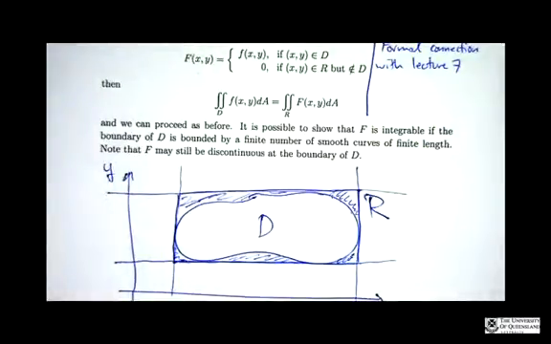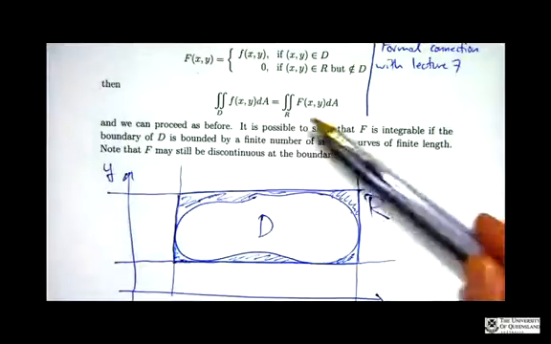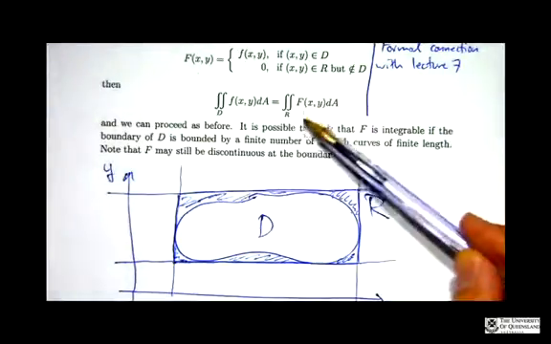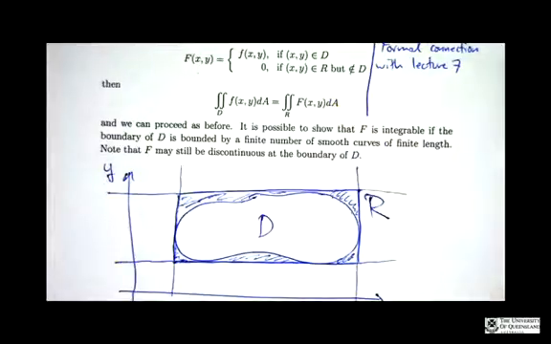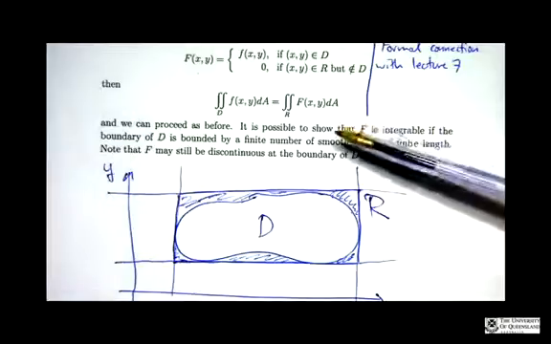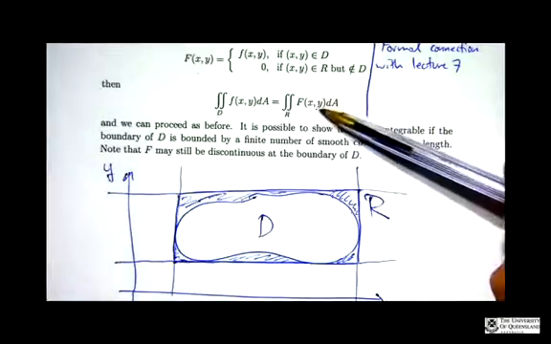Remember how I define an integrable function? That's just a function such that the limit of those double Riemann sums converges. It's possible to show that the limit that defines this double integral on the right-hand side of this equation does exist. So we call that function capital F integrable in such a case.